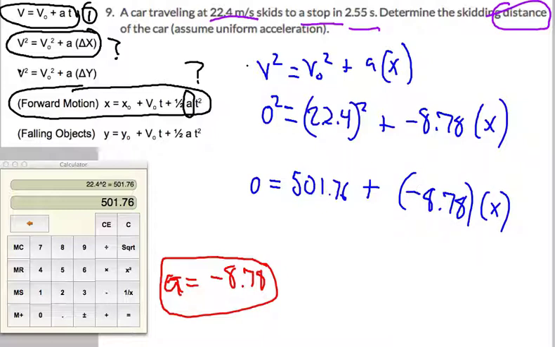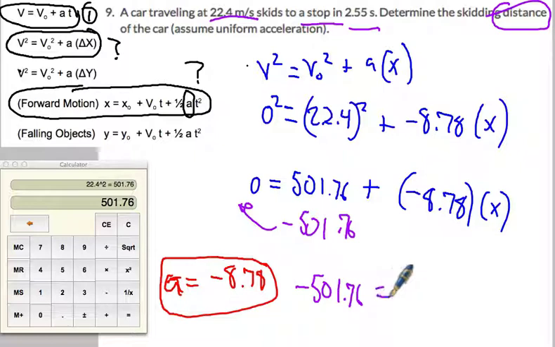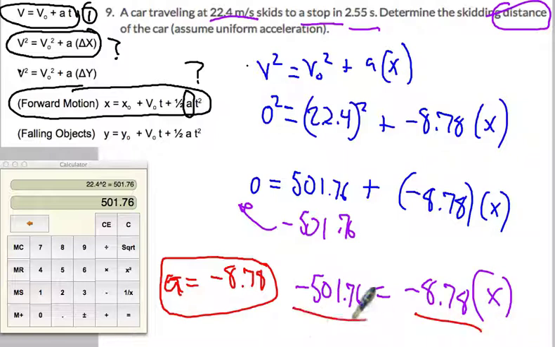Move this guy around. Minus 501 to the other side. Yoink, over there. Negative 501.76 equals negative 8.78 times our distance. Last step is to divide. Negative 8.78. 501.76 divided by 8.78 equals.